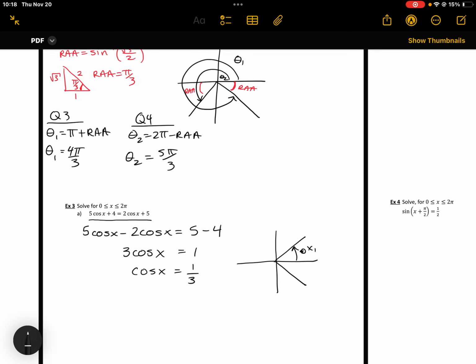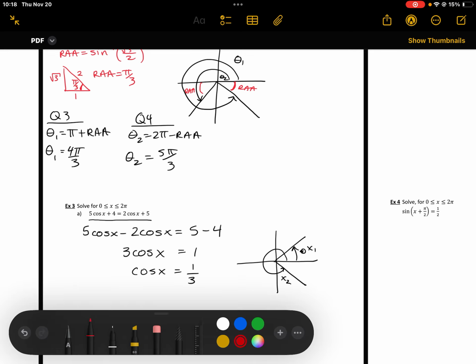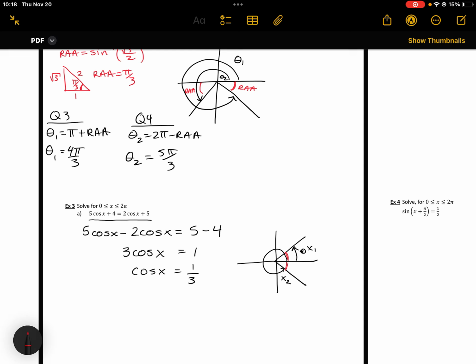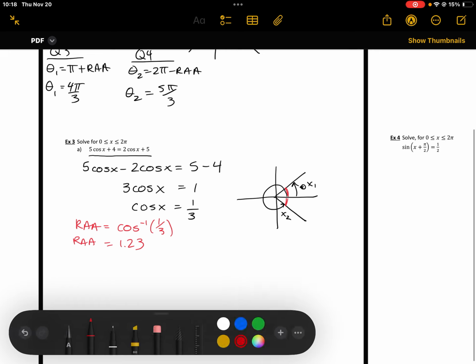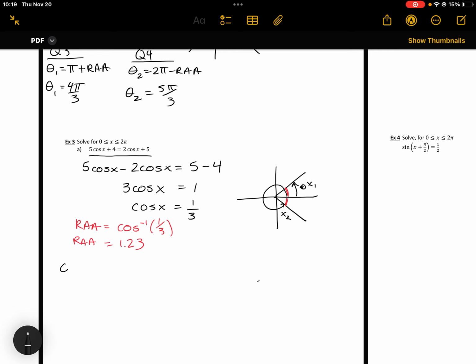I'll use x here, x1 and x2. Both of those are connected by the same related acute angle, which I can find by doing the cosine inverse of 1 over 3. Cosine inverse of 1 over 3 gives me approximately 1.23. And my last step is to find my solutions.